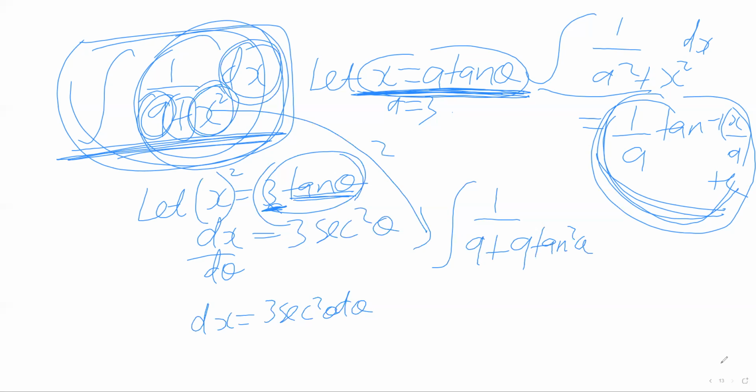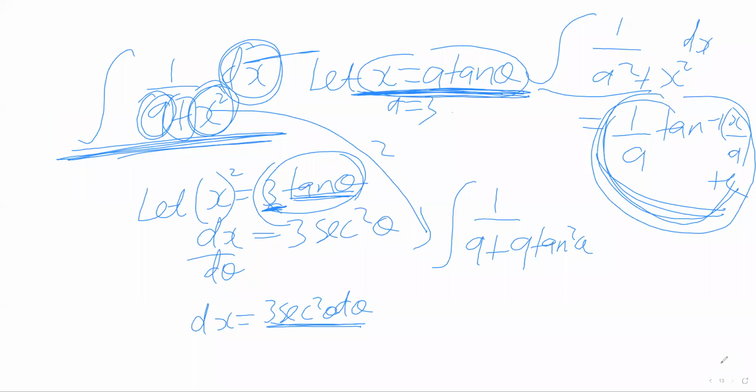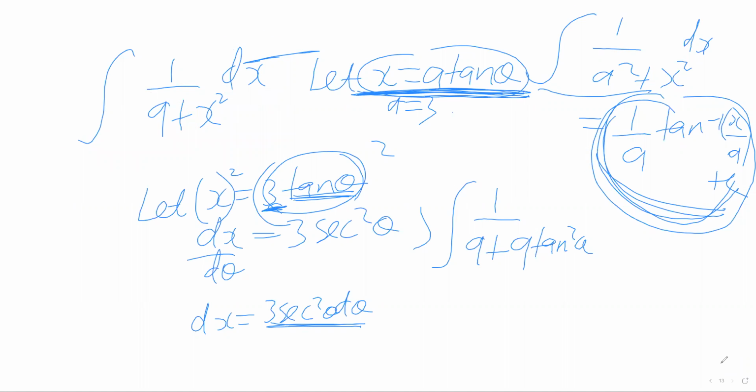Then what is your dx? dx is 3 sec squared, so this dx here is this that we have here. So that's 3 sec squared theta d theta, guys.